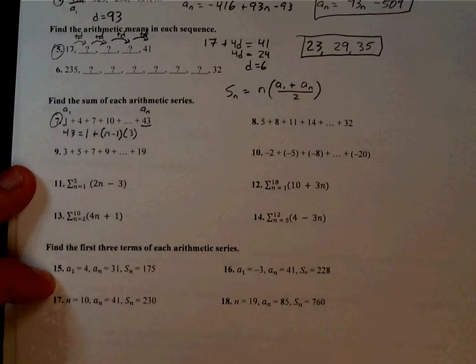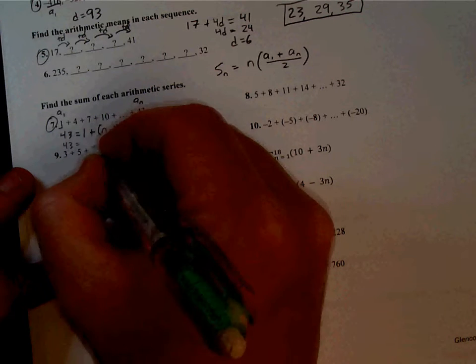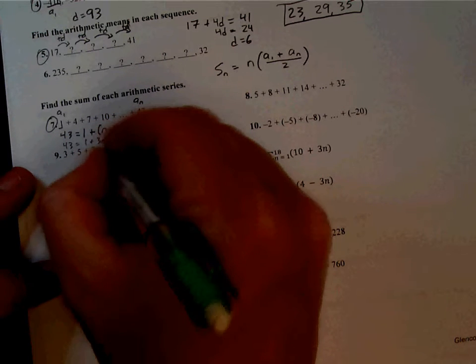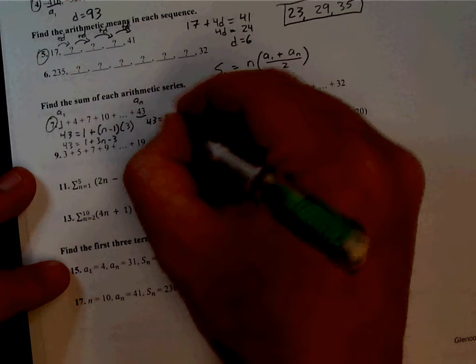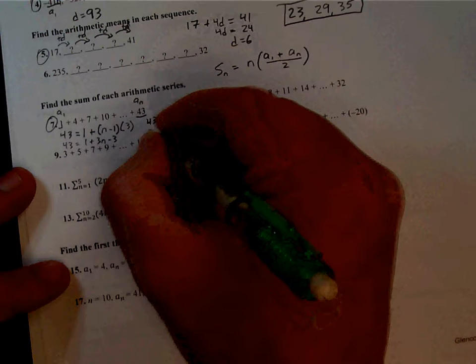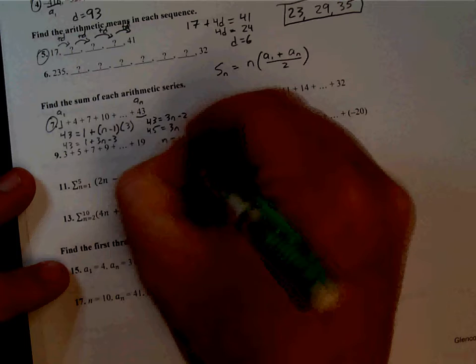So d is 3. We can now figure out what n is. So over here, I'm kind of running out of room, so 43 is equal to 3n minus 2. Add 2, 45. 3n equals 45, so n equals 15.